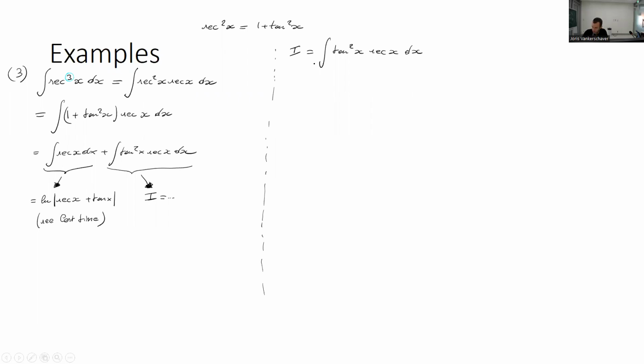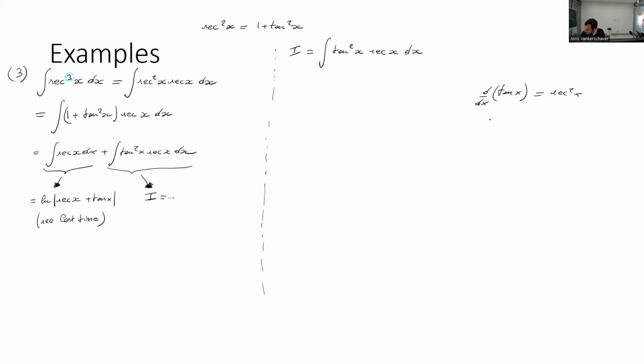And one thing is, if we see a bunch of tans and secants, we know that they are related by integration and differentiation. So we can try to bring this into a form where integration by parts is going to work. So for example, and let me write this down here on the side. If we have tan x, as we've already seen a few times, the derivative of that is secant squared of x.